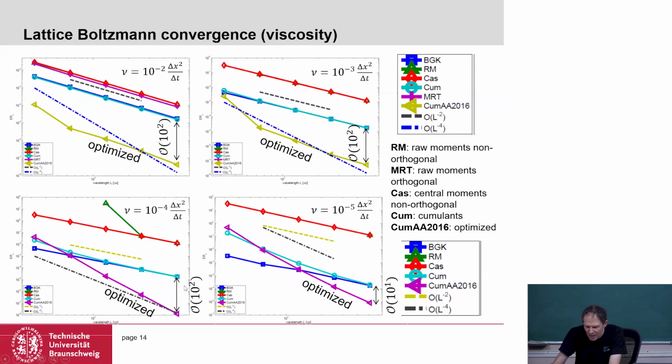Yeah, and you see errors are at high enough resolutions. Errors can be 2 orders of magnitude smaller than in the original BGK and all the other methods.